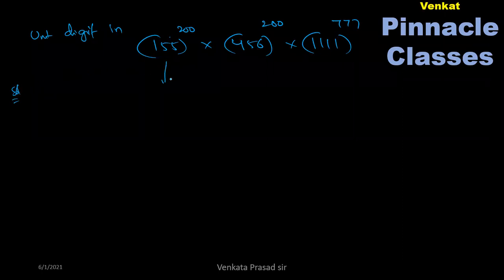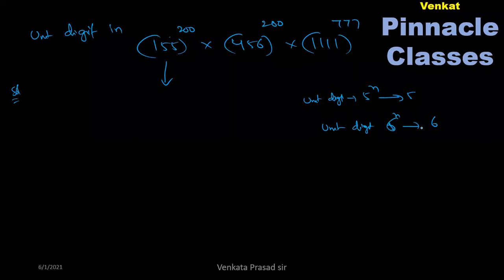Tell me, in this case, what is the unit digit? 0. 5 power n, what is the unit digit? Unit digit is 0, sir. Correct. The unit digit of 6 power n is always 6. The unit digit of 1 power n is always 1. So 5 into 6 into 1.